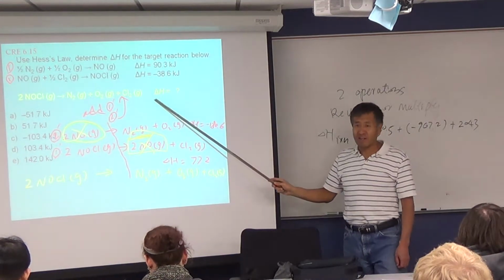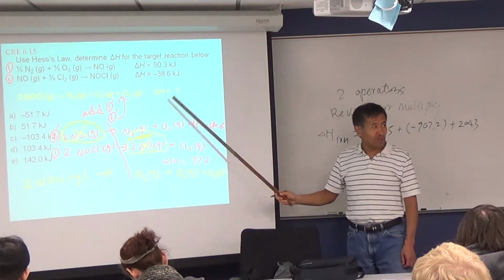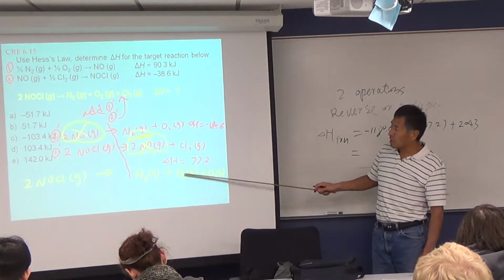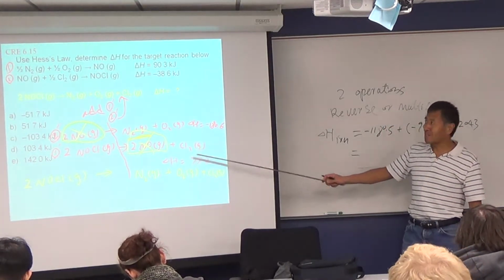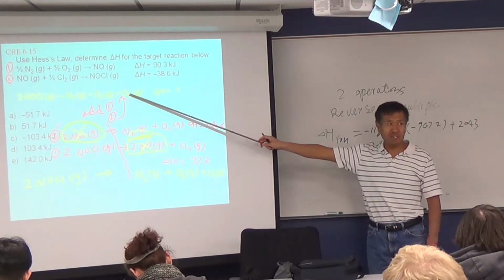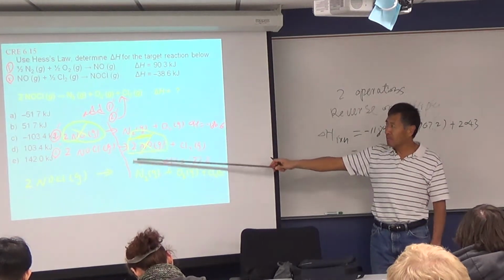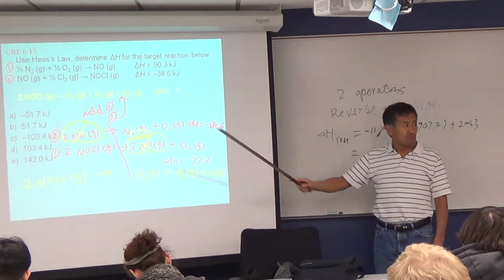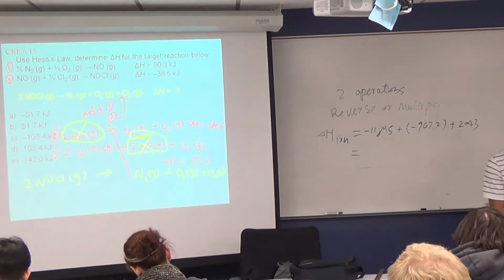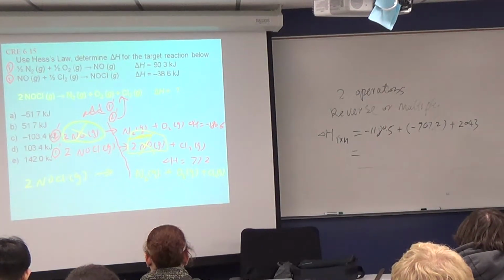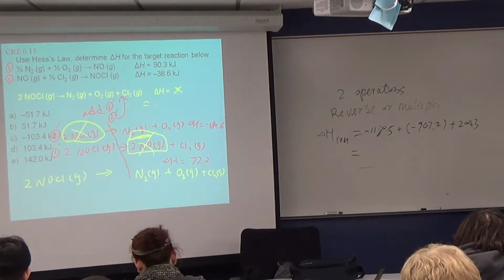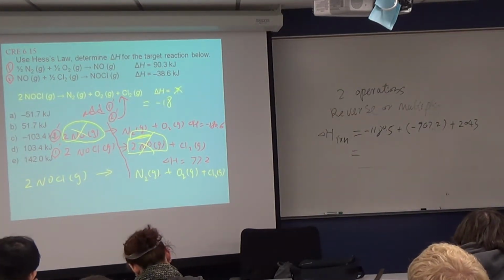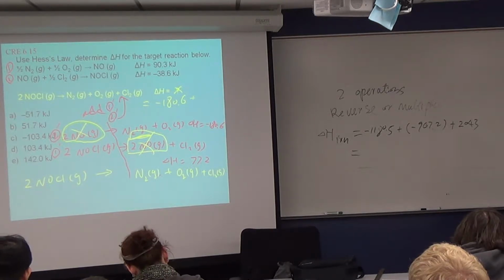Now this one, you want to find out delta H. So therefore delta H will simply equal the combination of these two, because the one in highlight is a combination of these two. Right? So you can write delta H, no question, that will equal -180.6 plus 77.2.